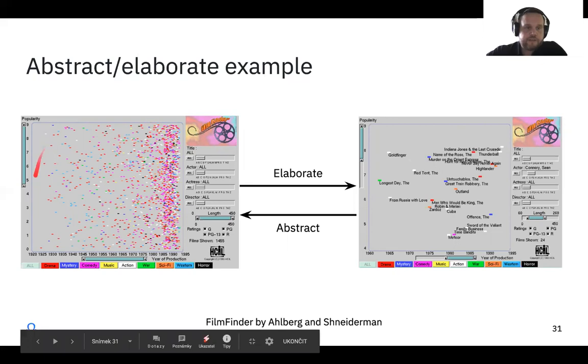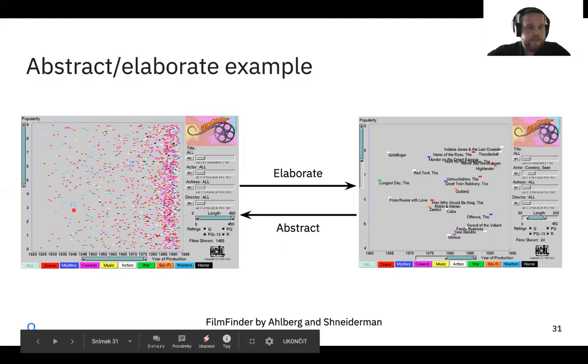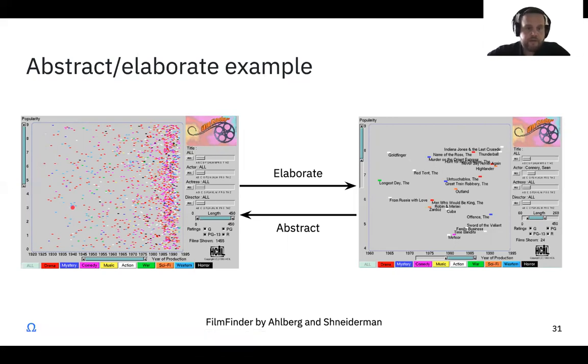This is a very classic system called Film Finder by Ahlberg and Schneiderman, where you have this nice 8-bit palette which shows films by genre, which is your color-coded category, and you show the year of when it was released and some popularity index. So this is a colored scatter plot of films. As you can see, you can filter by title, actor, actress, director, length, and also ratings.